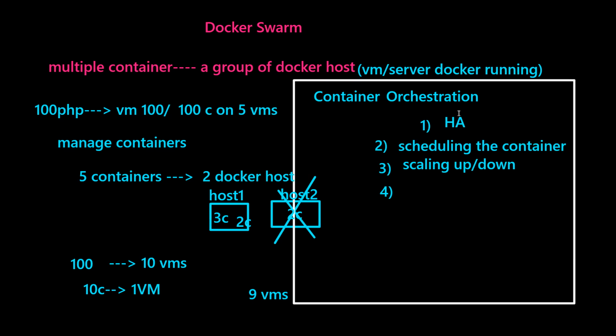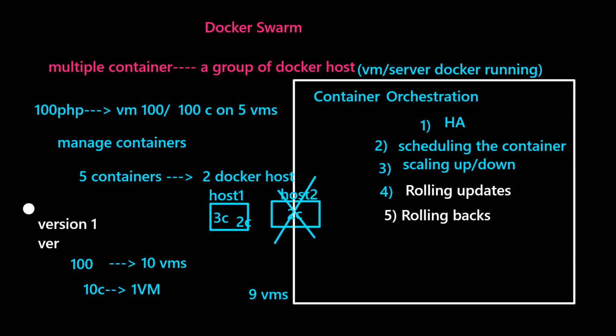So let's talk about scheduling the containers, scaling the containers, and not only this, providing rolling updates and rollbacks. What is meant by a rolling update? It's an upgrade one by one, correct. Suppose in this PHP app we are running version 1 and I want to upgrade the version.